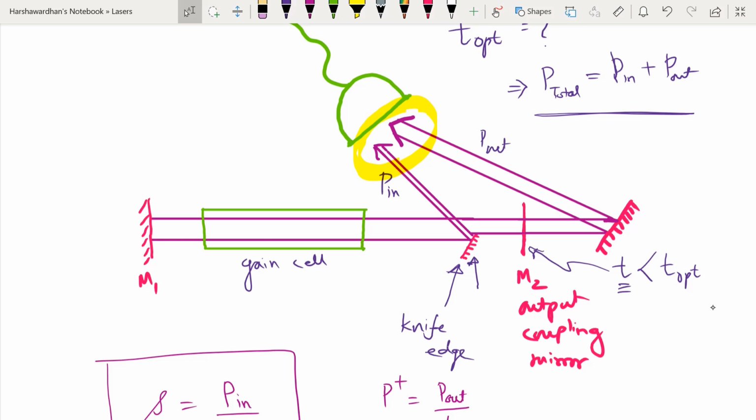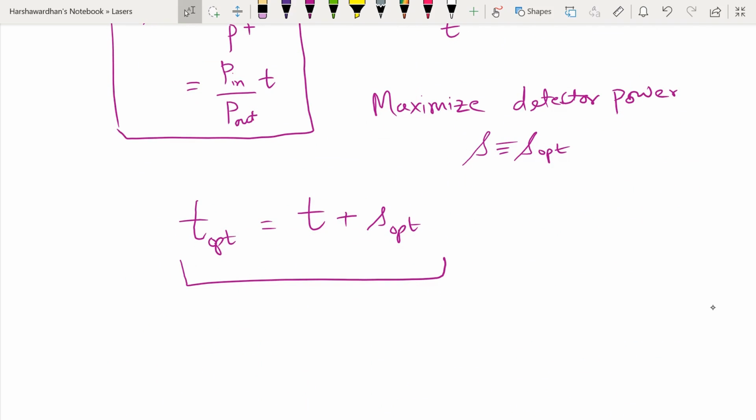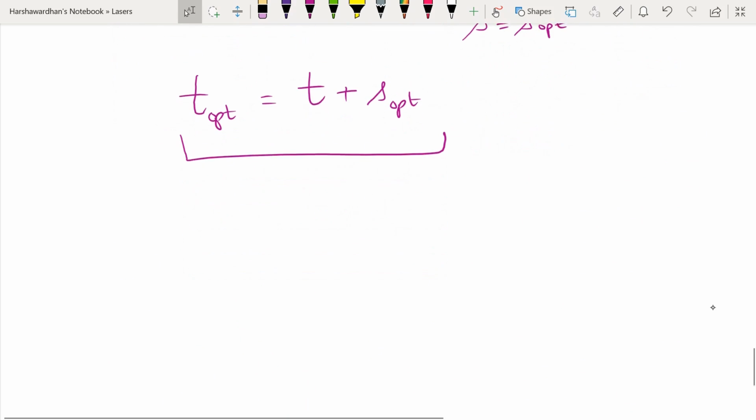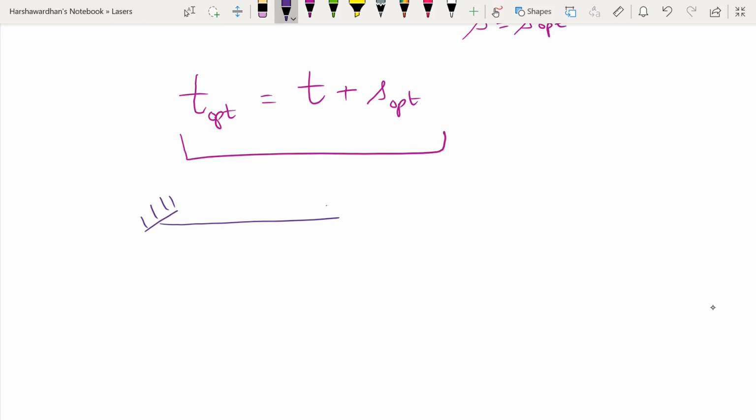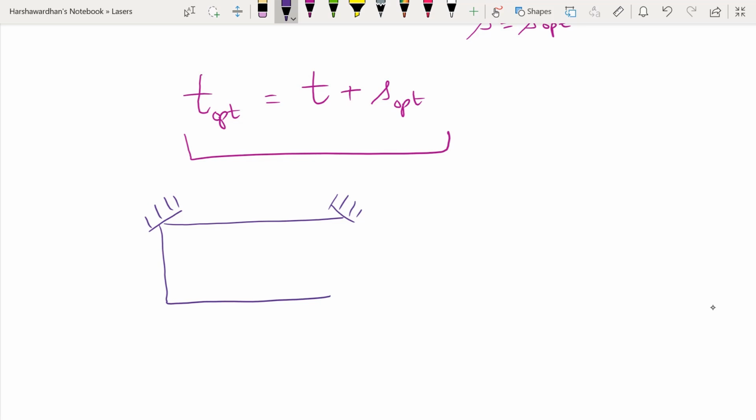But if one had a solid state laser and would like to remove the effects of spatial hole burning, then one can use something called a ring cavity, which could be a unidirectional cavity of the following form, where what I have is not just two mirrors, but a combination of three or four mirrors.